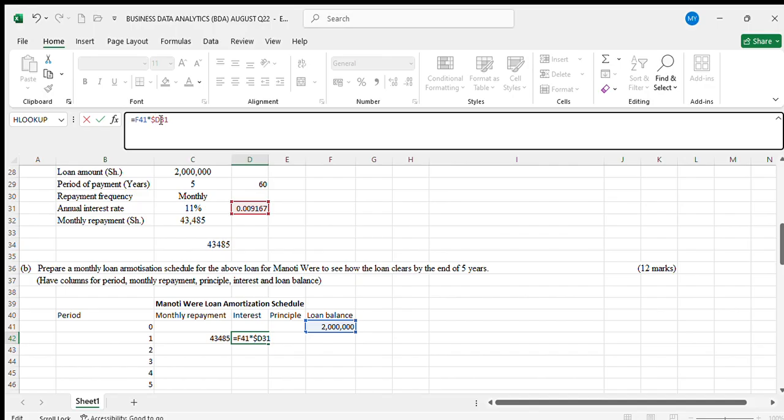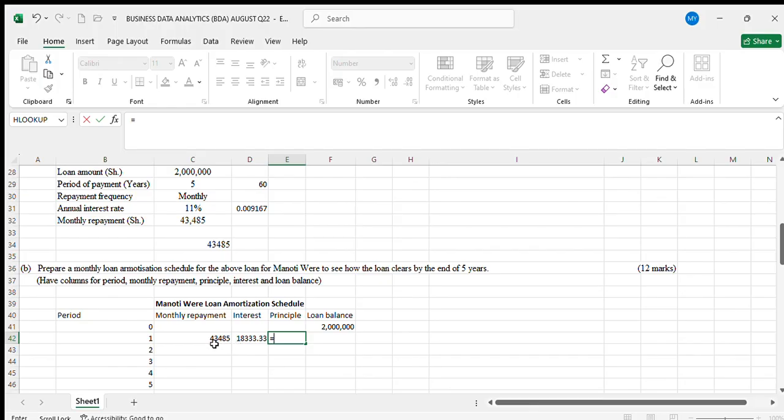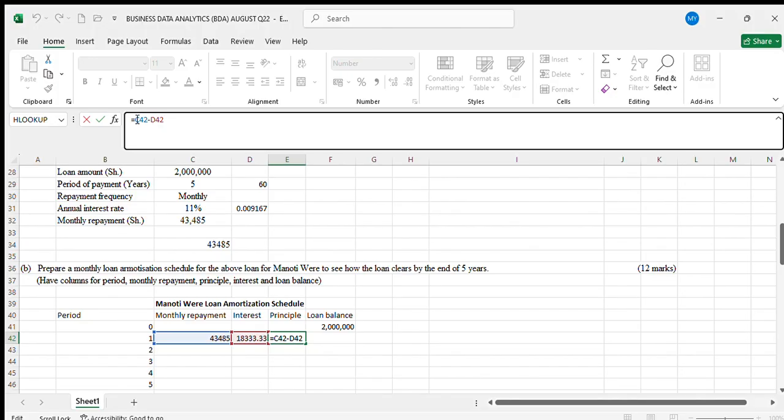We can lock using dollar signs. Then the principal is the monthly repayment minus the interest. That's what the person is going to pay us. Then since the monthly repayment is a constant value, we can still lock it.